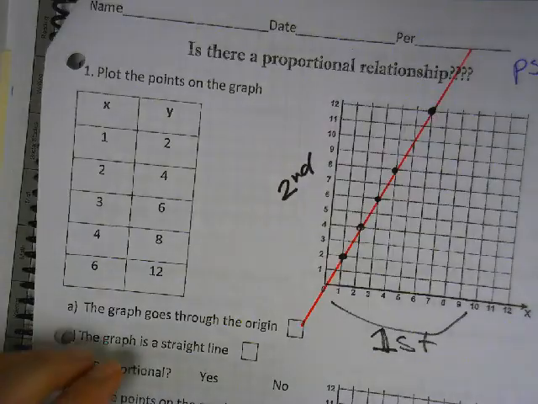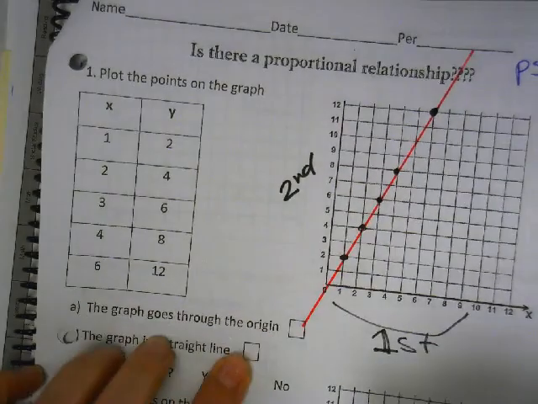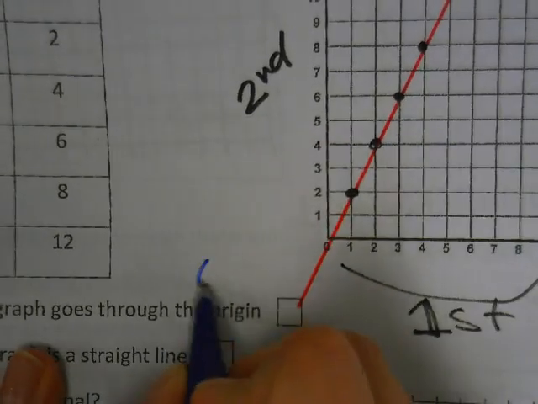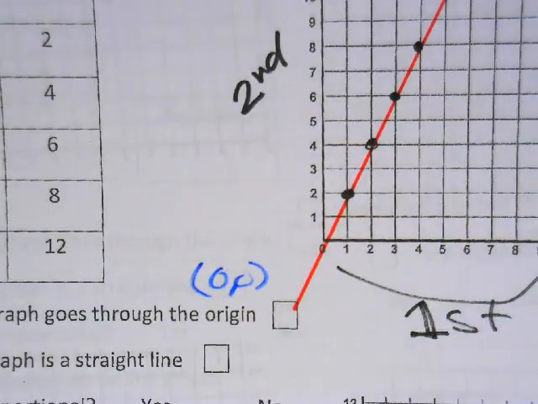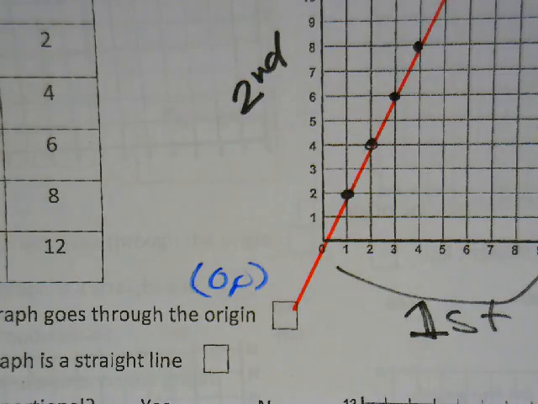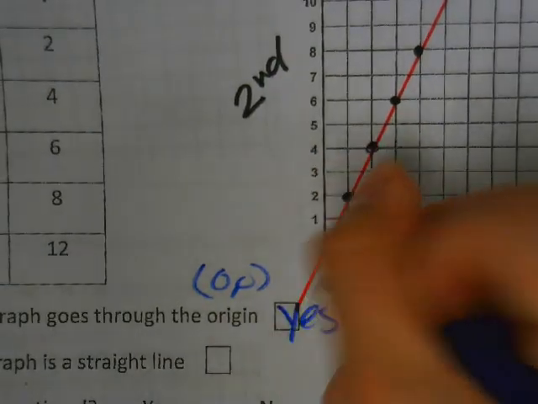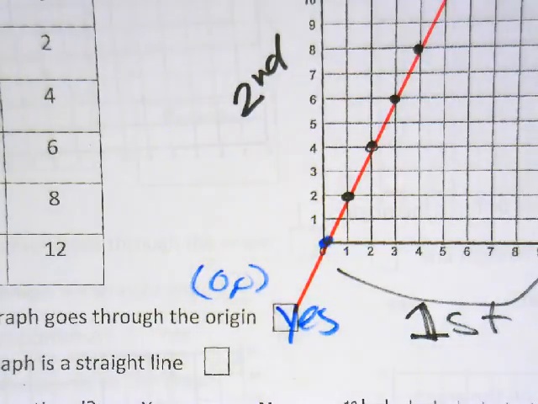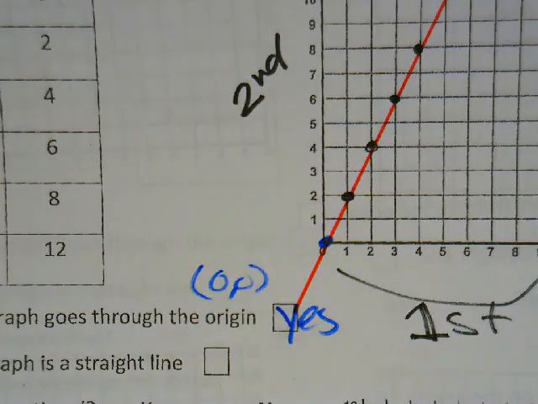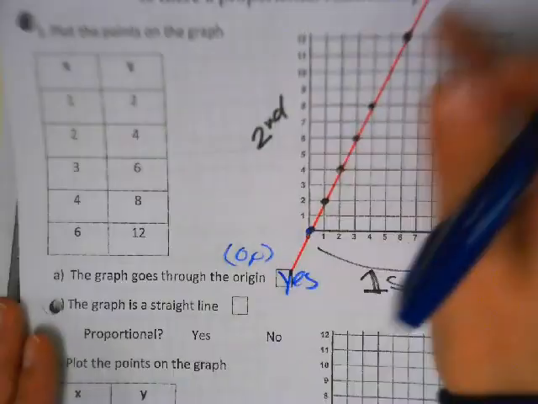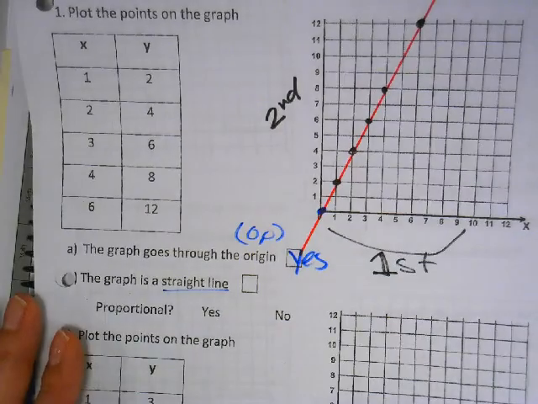All right. The graph goes through the origin. So like Andrew reminded us, the origin is 0, 0. So does my graph go through 0, 0? Yes, it does. Right there. Look, if I put the dot, it's right there. Okay. Is my graph a straight line?